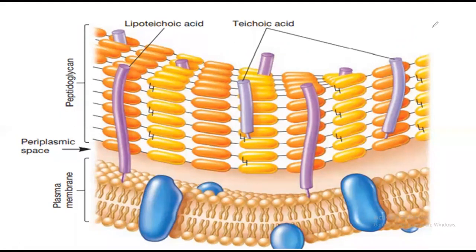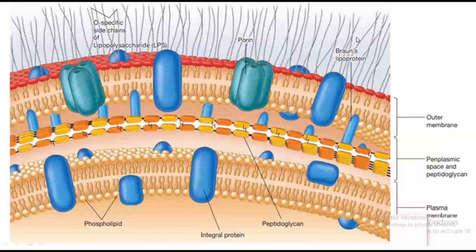This is the cell wall of gram-positive bacteria, and this is the peptidoglycan layer. It is about 45 to 50 sheets, and it is the outermost layer of gram-positive bacteria. And if I show you the cell wall of gram-negative bacteria, this is the peptidoglycan layer, and it is thin in comparison to gram-positive bacteria, about 1 to 5 sheets.